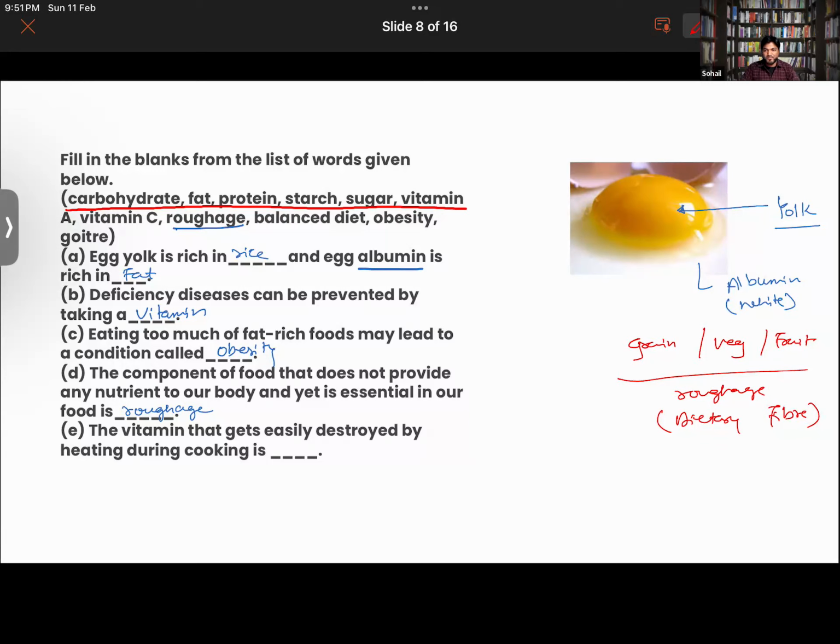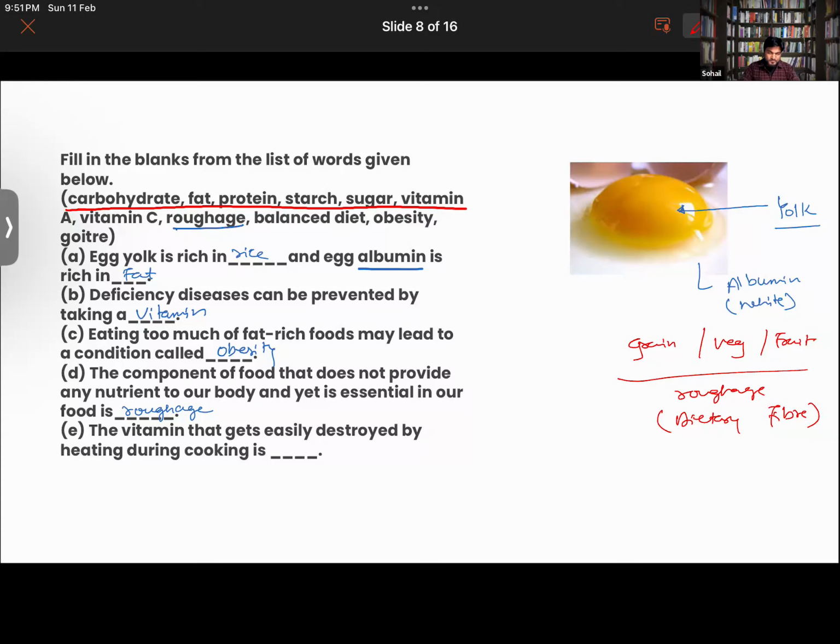For them, it is good. It itself is not getting digested, but since it's fibrous in nature, it also ensures that the movement of the food in the stomach, in the intestine, is maintained properly. प्रॉपर मूवमेंट के लिए भी ये important होता है. So that is the thing about it.